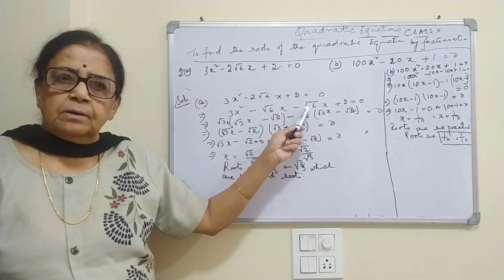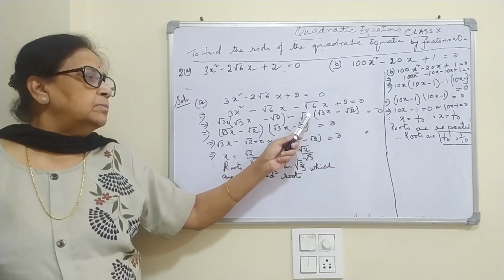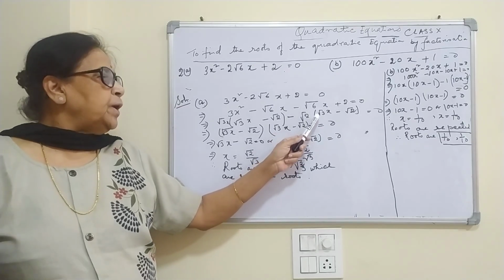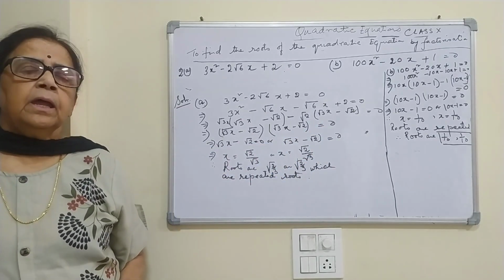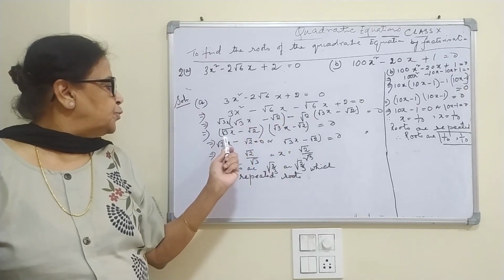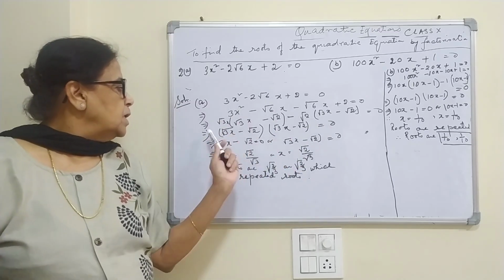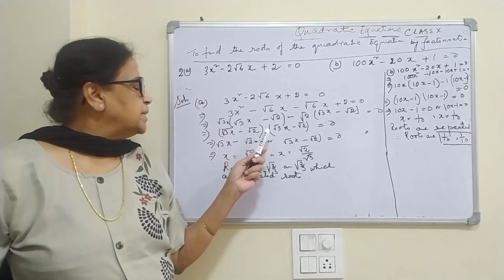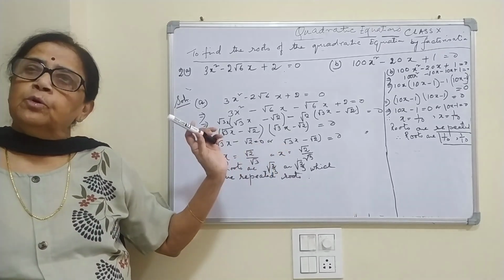From the other two terms, I'll take root 2 common, that is root 3x minus root 2 is equal to 0. Then I take common root 3x minus root 2 out of these two terms, and I am left with root 3x minus root 2 is equal to 0.